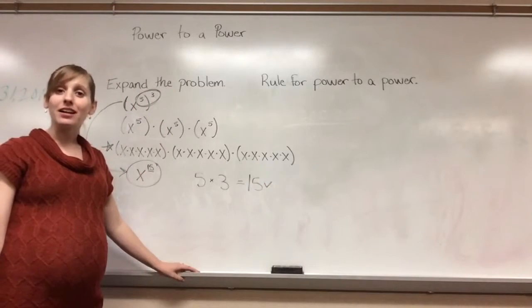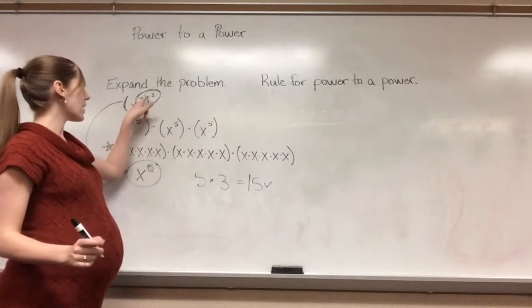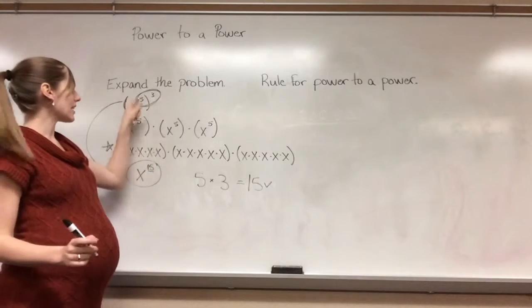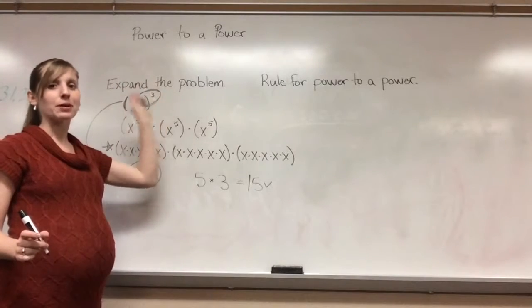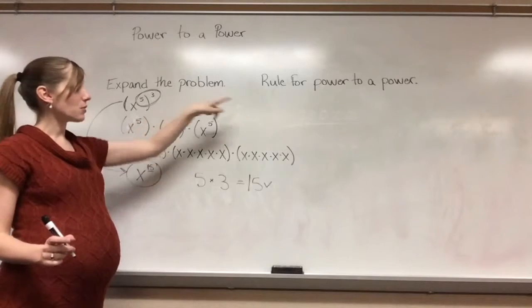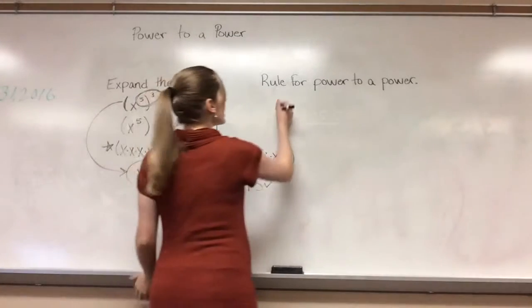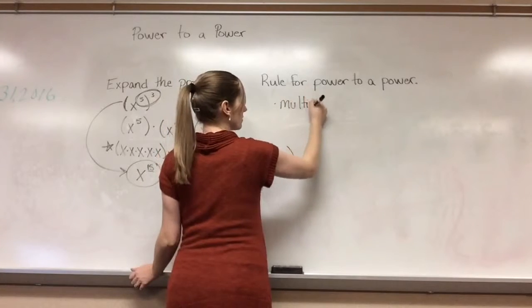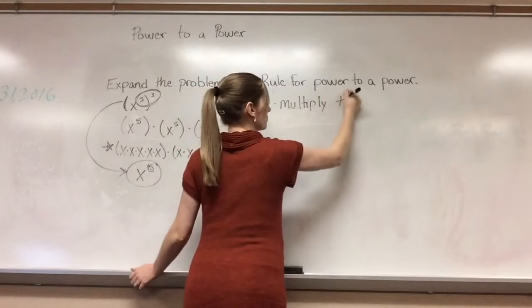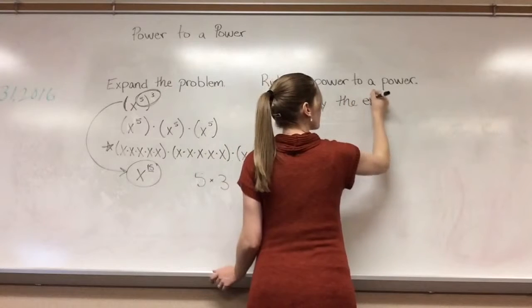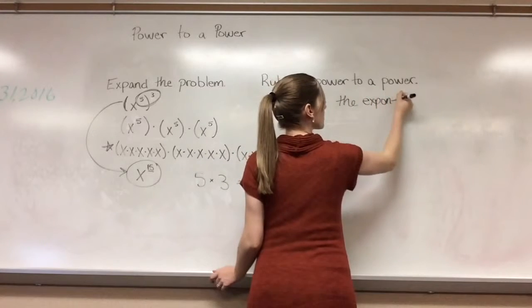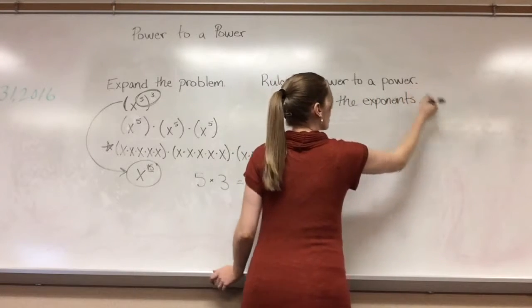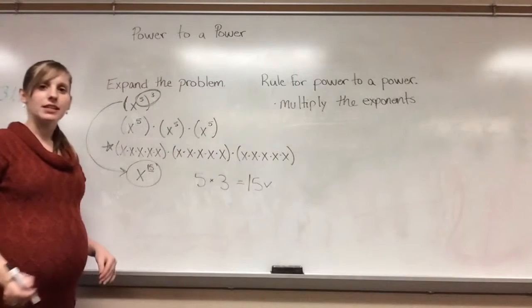So that's our shortcut. We can actually multiply as long as we're raising an exponent to another exponent, power to a power. So our rule for power to a power is that we are going to multiply the exponents. Okay, so that will be our shortcut today.